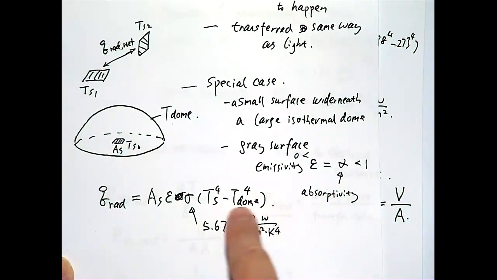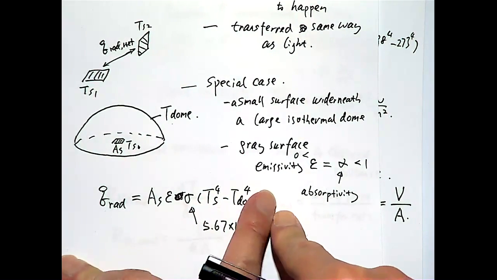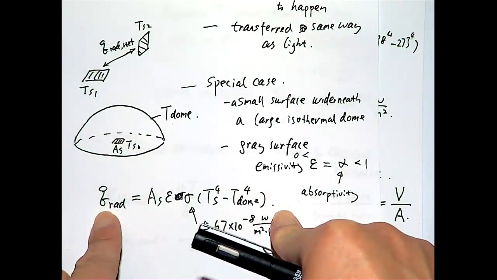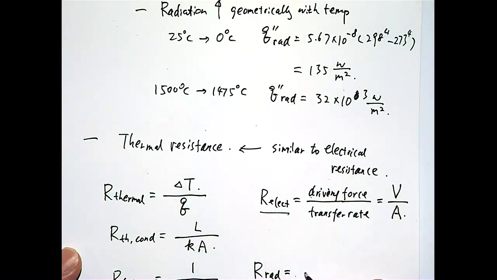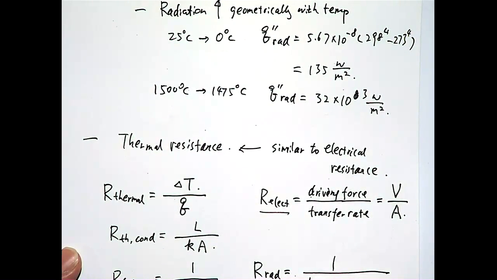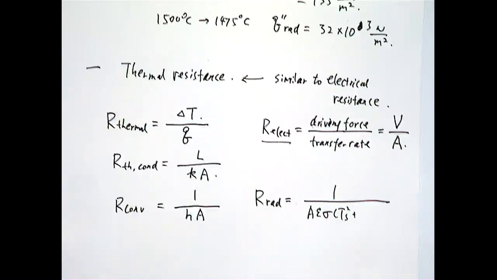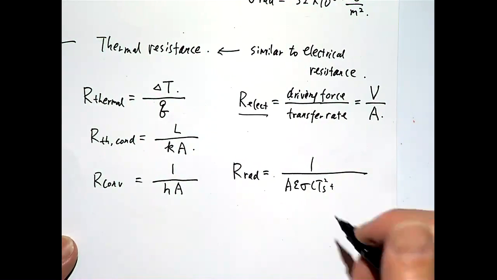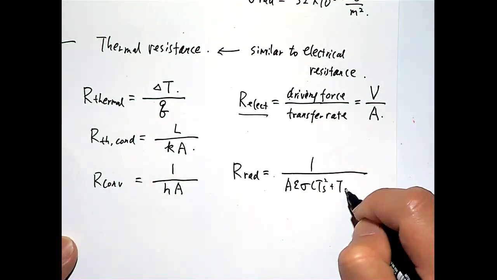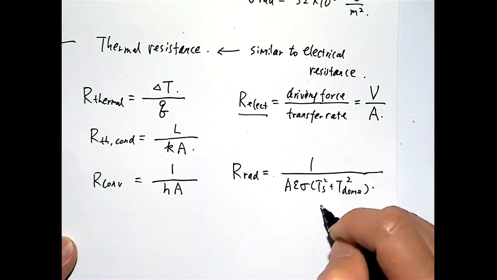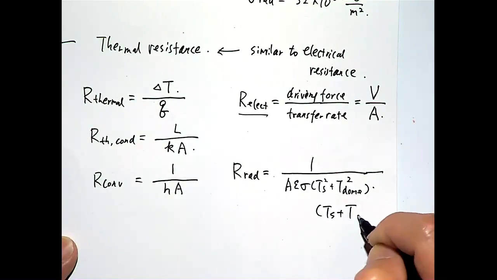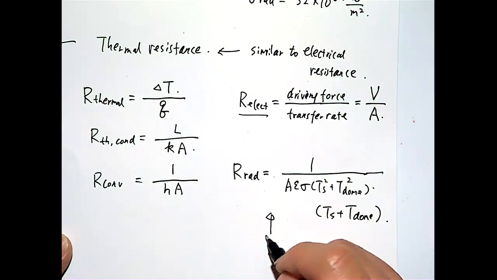You have Ts minus T dome, the temperature difference to the first order, divided by the Q radiation. So that can be written, although that's a special case. So that equals to A epsilon. This is a special case, right?